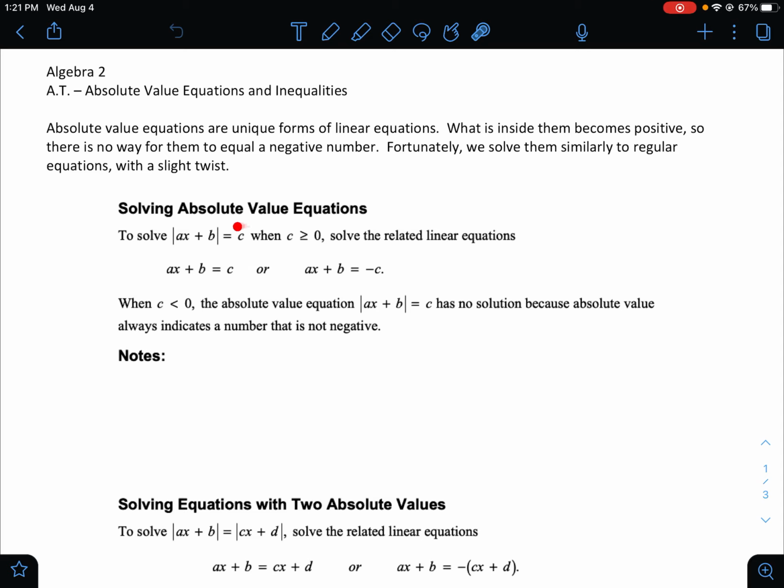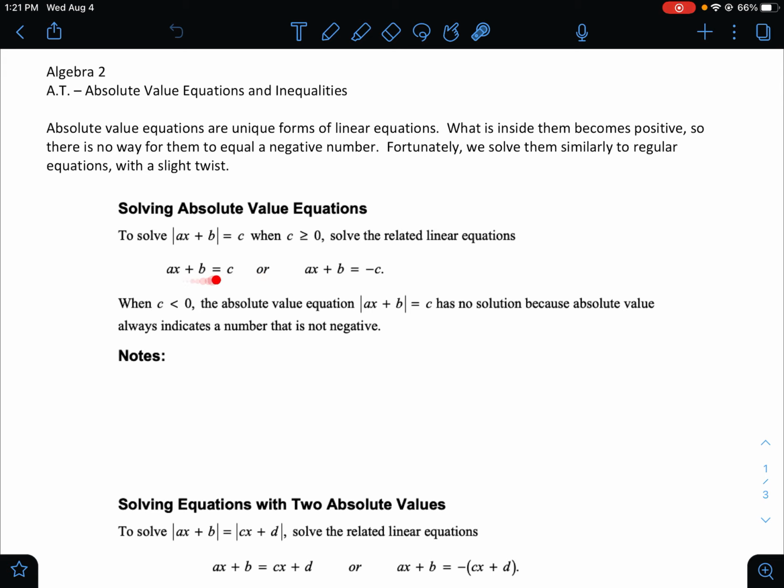So if you end up with a negative number over here, then there are not going to be any solutions. If your C is less than 0, there would be no solutions because you can't have a negative number for absolute value. So this value should always be positive, or equal to 0 as well.